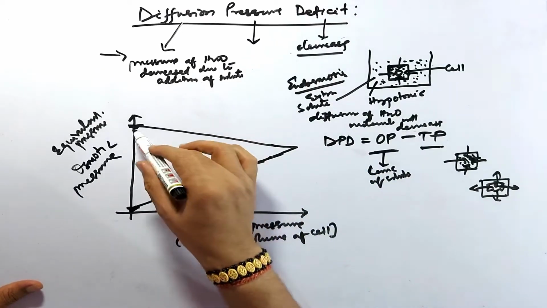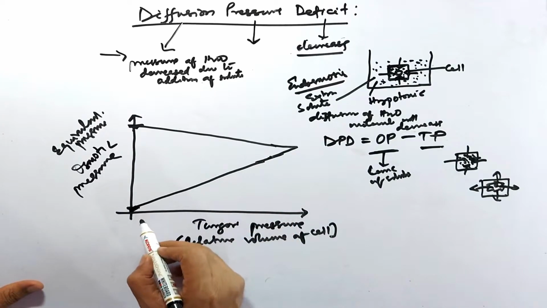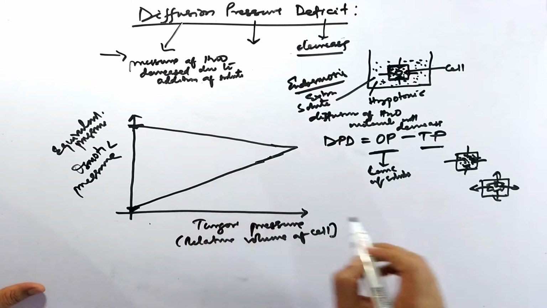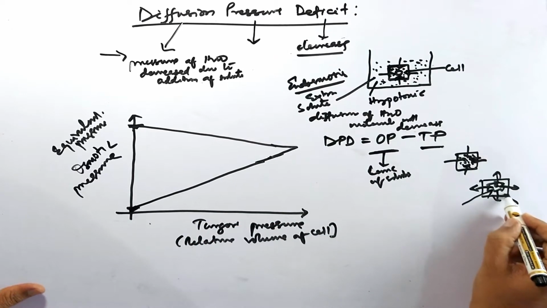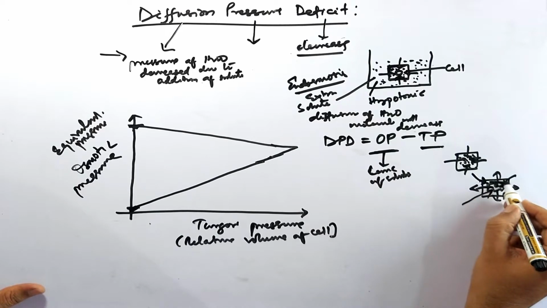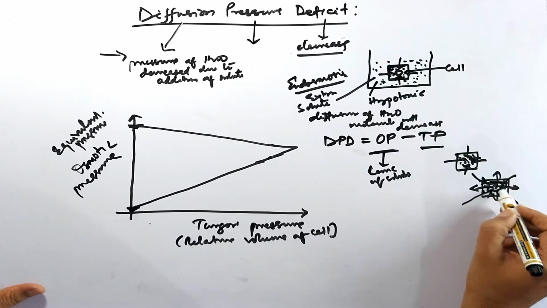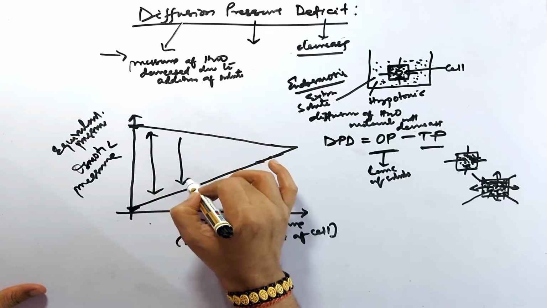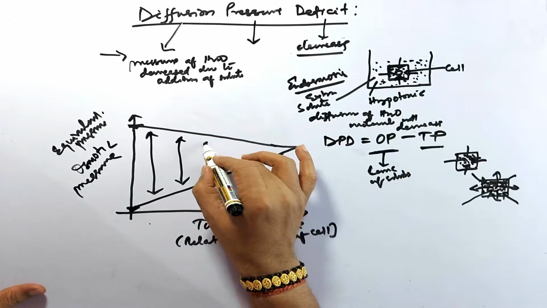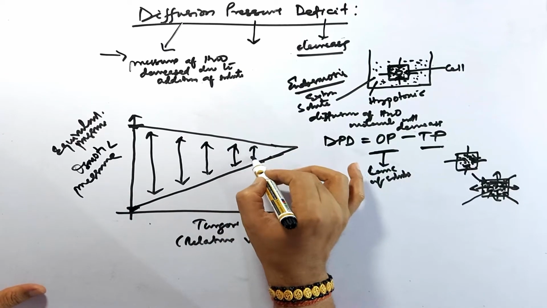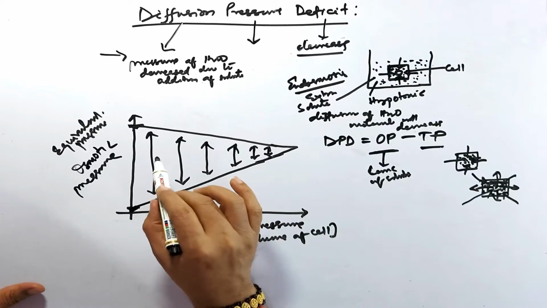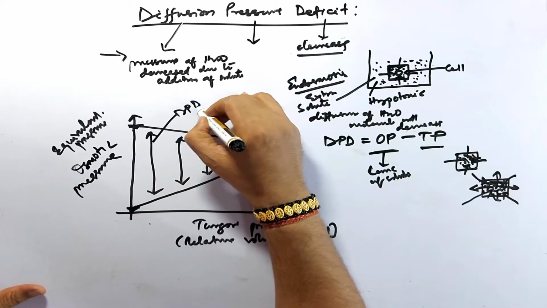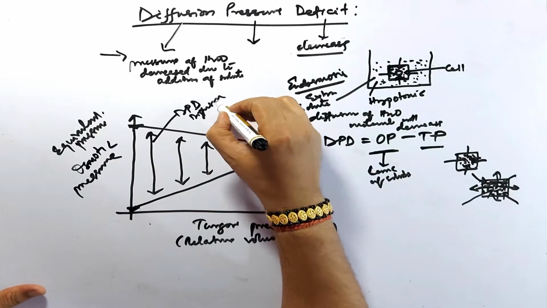The difference between the osmotic pressure and the turgor pressure: gradually the turgor pressure is increasing, meaning the water is gradually entering the cell, so the cell is increasing in size and the pressure is increasing. So this difference between osmotic pressure and turgor pressure is gradually decreasing. The larger difference is what we call the DPD, diffusion pressure deficit.